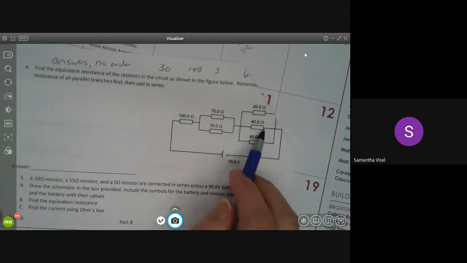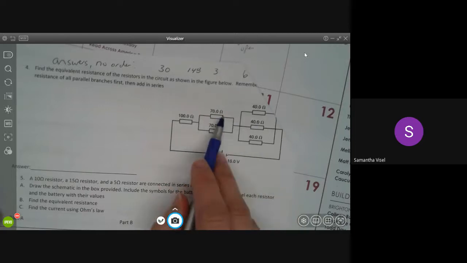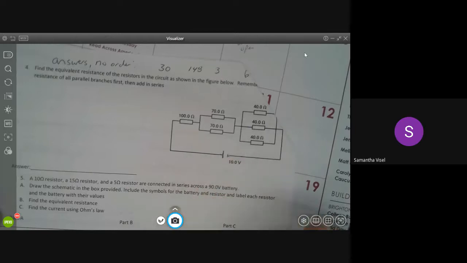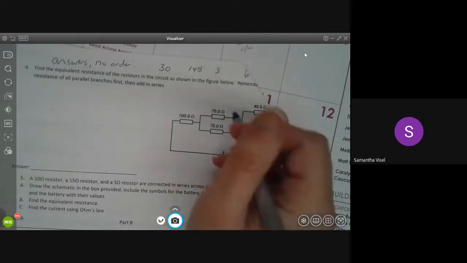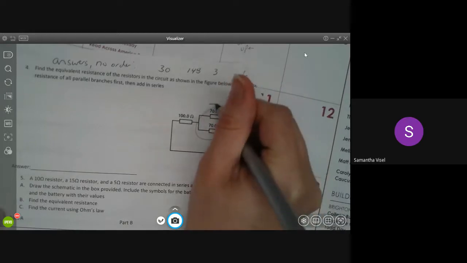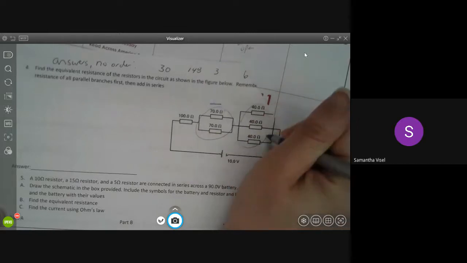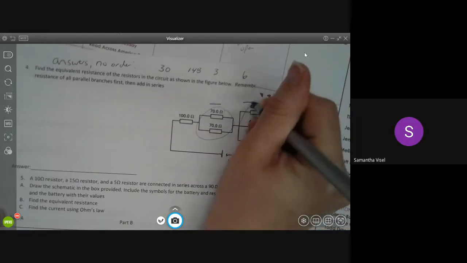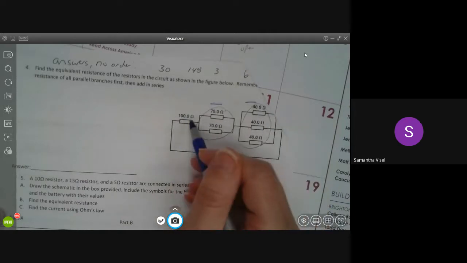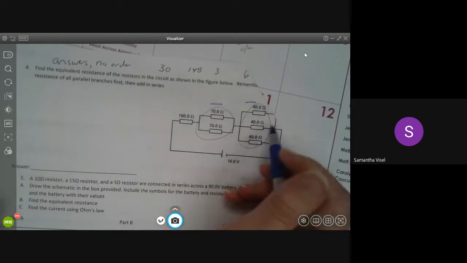Now, I can't add them all in parallel together, 1 over 70, 1 over 70, 1 over 40, 1 over 40, 1 over 40, because they're not part of the same branch. So what I need to do is find the equivalence for this first, make that a number. Find the equivalence for this next, make that a number, and then they'll all be in series with each other, so then I can add them all in series.